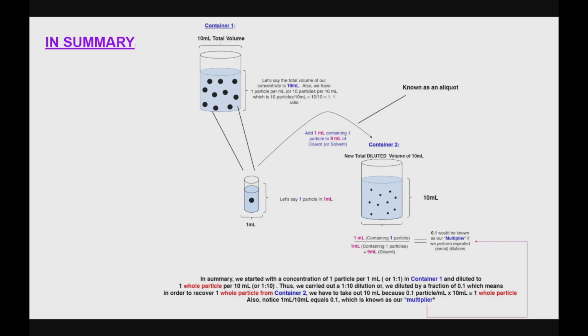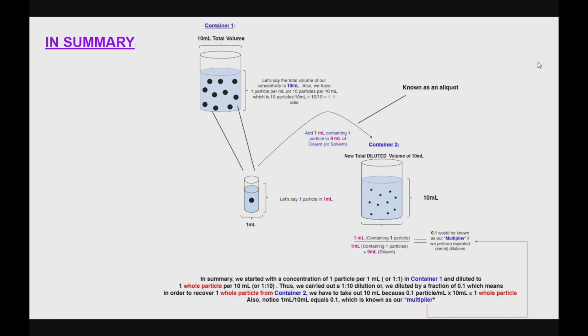But the particle in the 1 milliliter that we added to container 2 would get dispersed into particles of a size of 0.1. The fact that they're broken up to that fraction makes that our multiplier, which is where we will mention multipliers when we do our serial dilutions shortly.